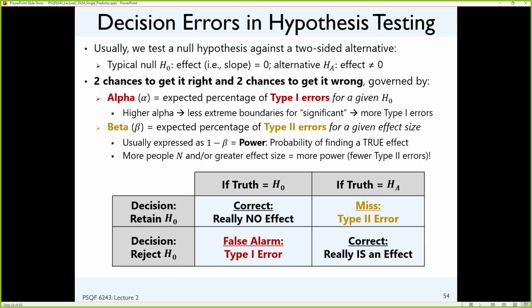Because the other way that people talk about it is the inverse of a type 2 error. Not inverse, that isn't the right term. Opposite? Let's go with opposite. The opposite of a type 2 error is your power rate. Power is the probability of finding something if it's really there. Power is the probability of not missing.